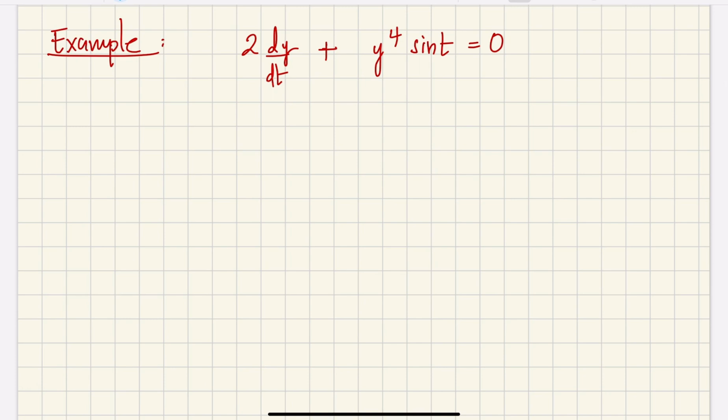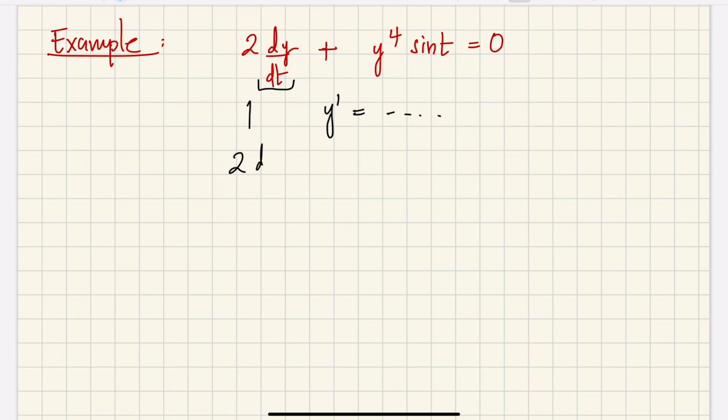So the first order of business is that the coefficient of this should be 1. We have been dealing with y prime is equal to something, something, something. So let's see that something.